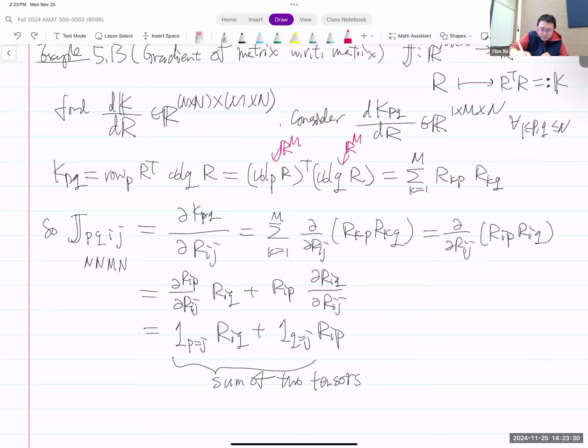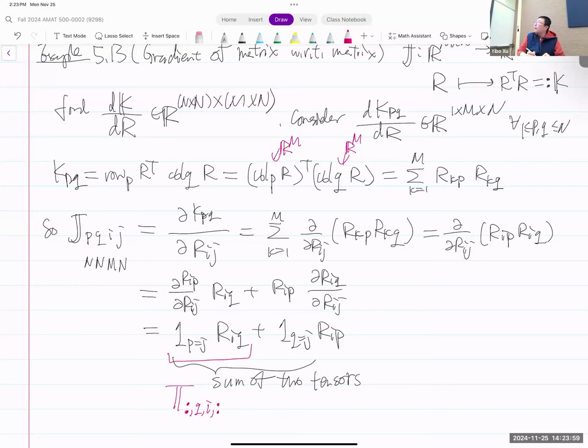So for this one, let's call this T. It's a tensor where we specify j and q, and let p and j be free. Here q is here, i is here, j is here.